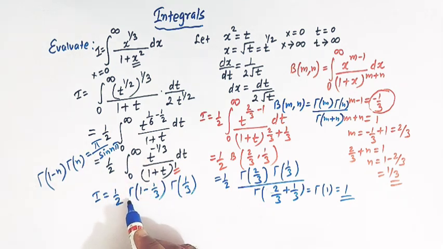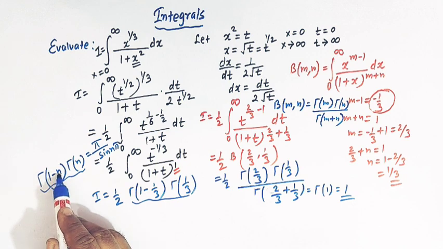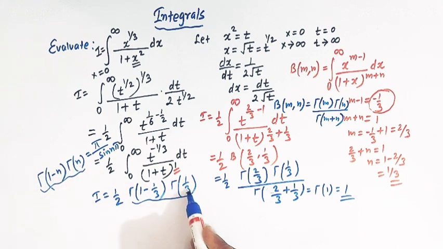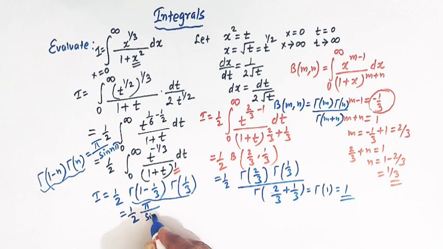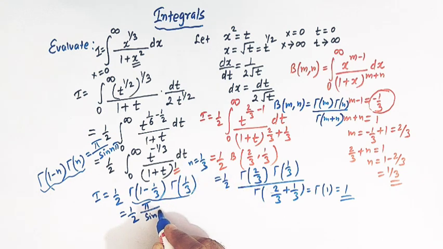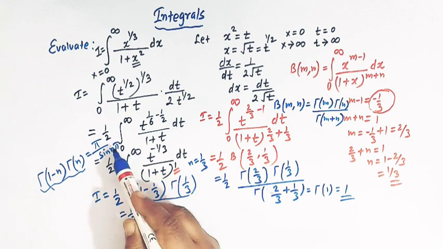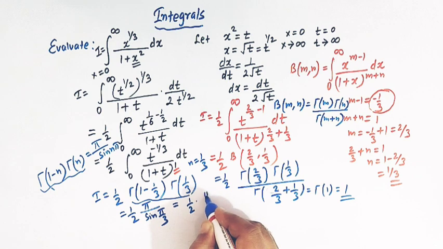So if we compare this side with this one, then n is equal to 1 by 3. So the value of this expression is pi divided by sine n pi. So n is our 1 by 3. So here we have pi over 3. This is n pi, right? So this is half pi.